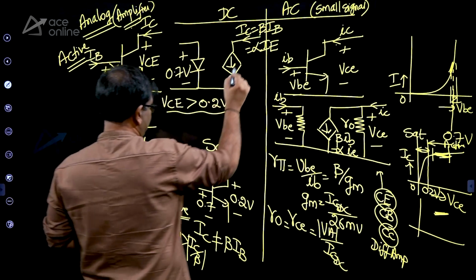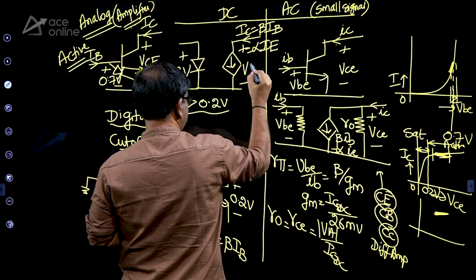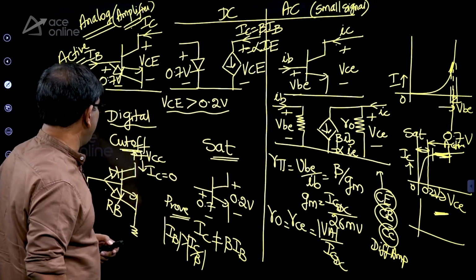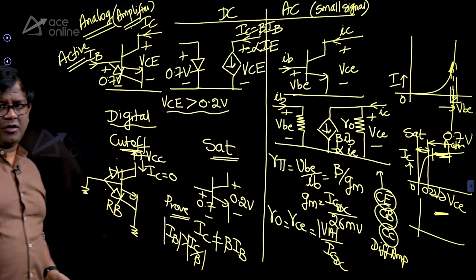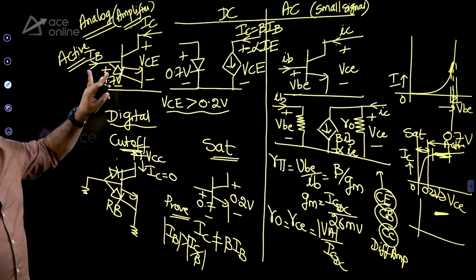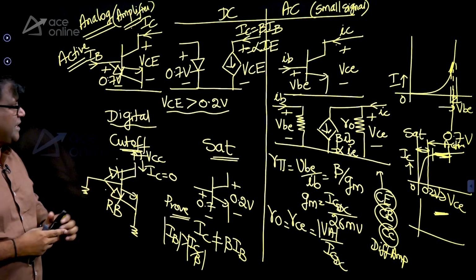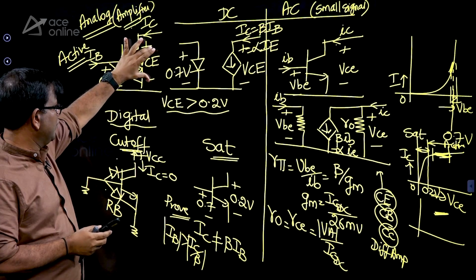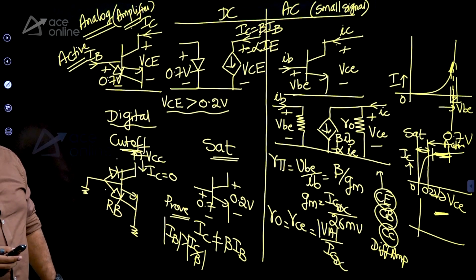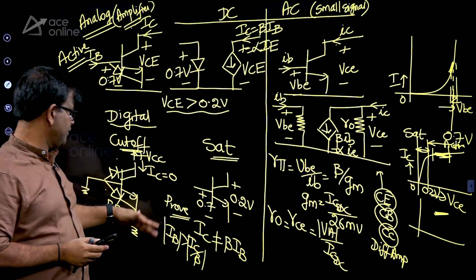Yeah, this is the Vc. Here you have Vc. This Vc should be greater than 0.2 for BJTs in what region? Active region. Just treat it like a black box, that's it. Don't go inside the device. Just take 0.7 volts and solve. If your Vc is greater than 0.2, then the device is in what region? Active. Cutoff and saturation.